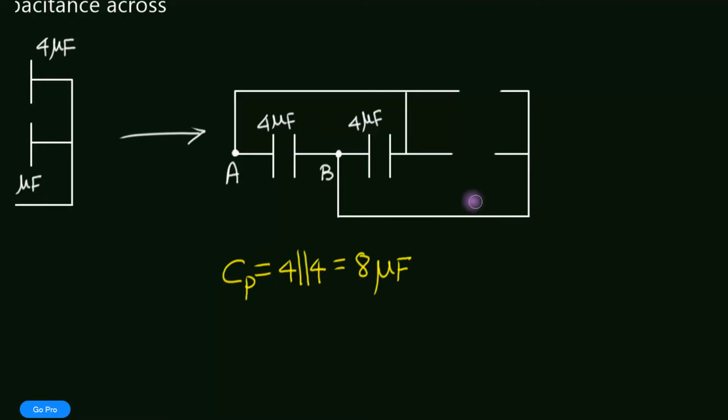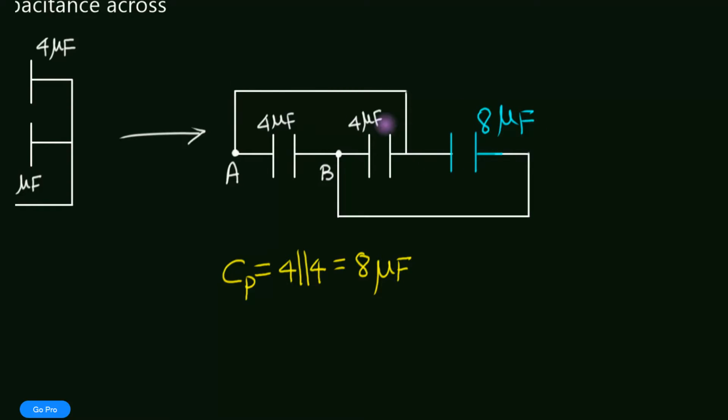And the question now is again, where should I replace them? Well, I can replace them here, or I can replace them over there, wherever I want, because they are the same points. Well, what I'll do is I'll rub this whole thing. I don't need that. I'll rub this whole thing over here. I'm going to put one single capacitor at that point, and that single capacitor is going to be 8 microfarad.